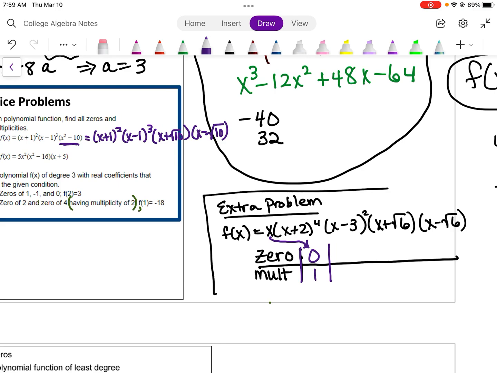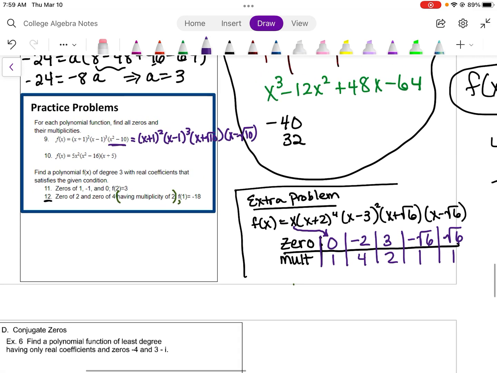Its multiplicity is 1 because it's x to the first. X plus 2 would be a 0 of negative 2, and its multiplicity is 4 because the exponent on it is 4. Then I would have a 0 of 3 with the multiplicity of 2, a negative radical 6 with a multiplicity of 1, and same with radical 6. So that's how I would tackle a problem like number 9 and 10.